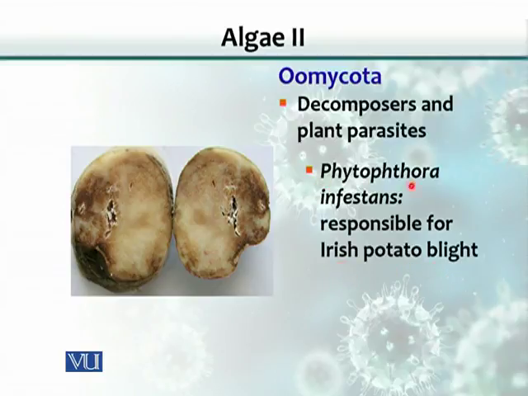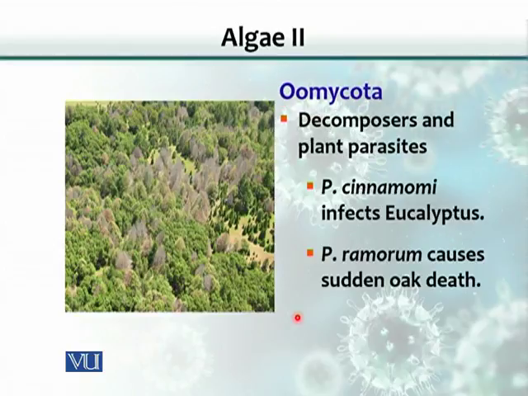This is the organism Phytophthora infestans that causes this disease in potato crops, which basically destroys the quality of the potatoes. Similarly, some species of Oomycota can infect plants like eucalyptus and oak trees.